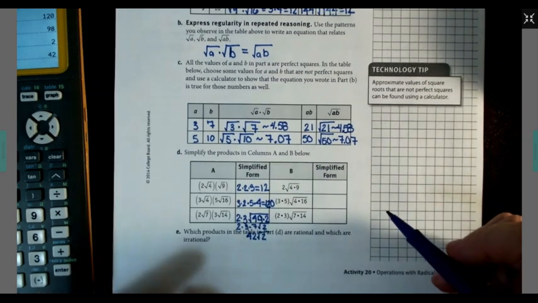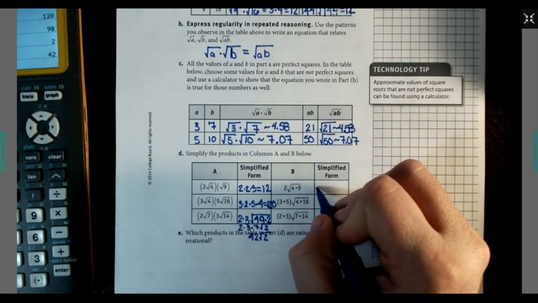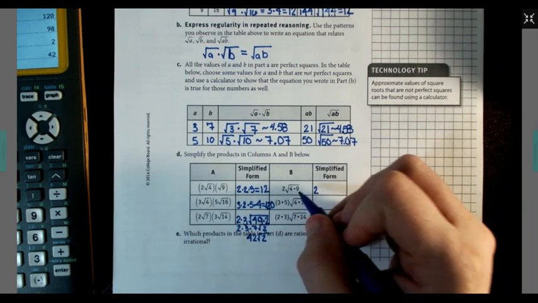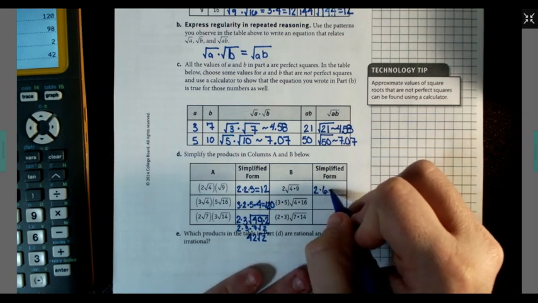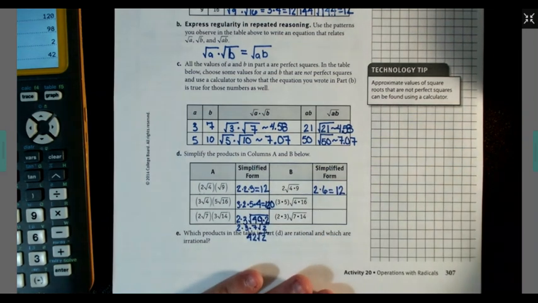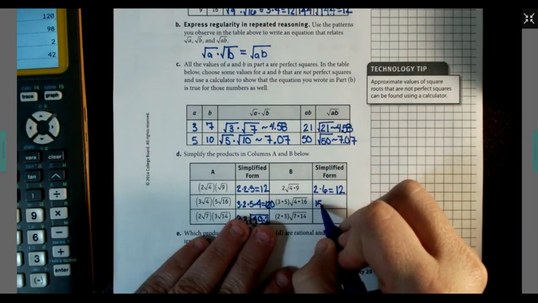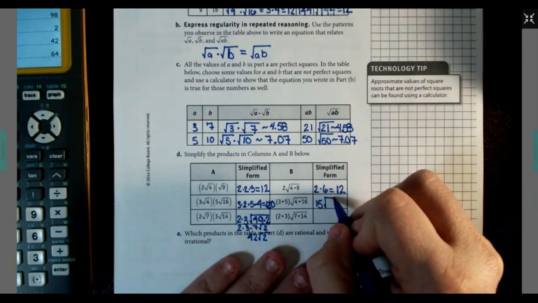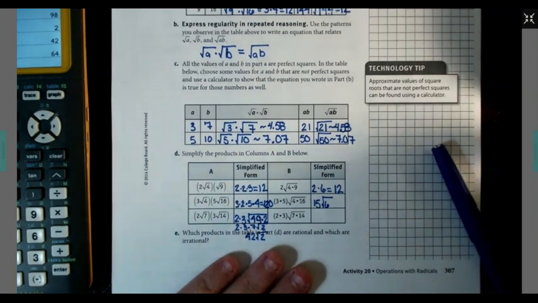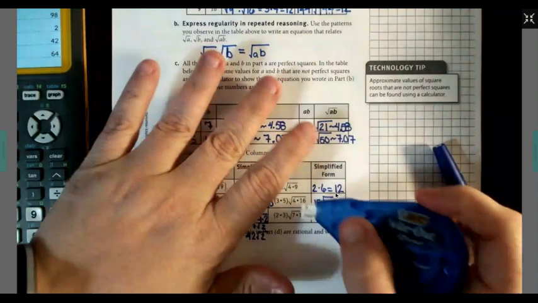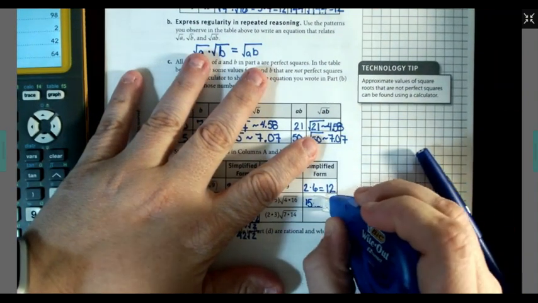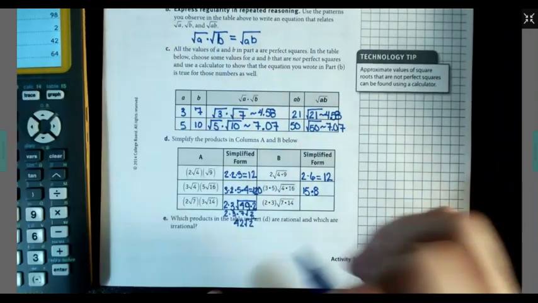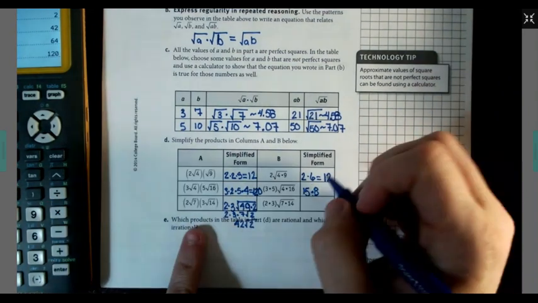Let's take a look at this other column. Well, this is 36, and the square root of 36 is 6, so that's going to be 12. Here we're going to have 15. 4 times 16 is 64. We know that to be 8. So this should have been 15 times 8, which is 120.